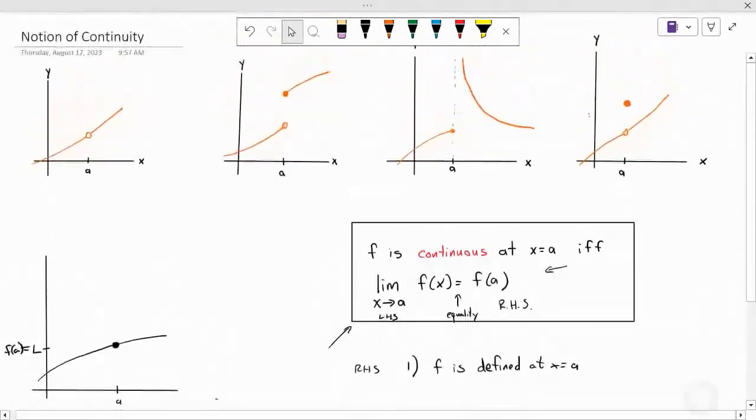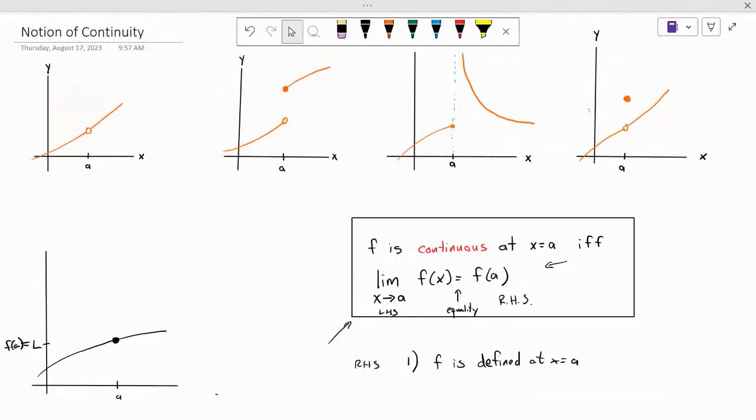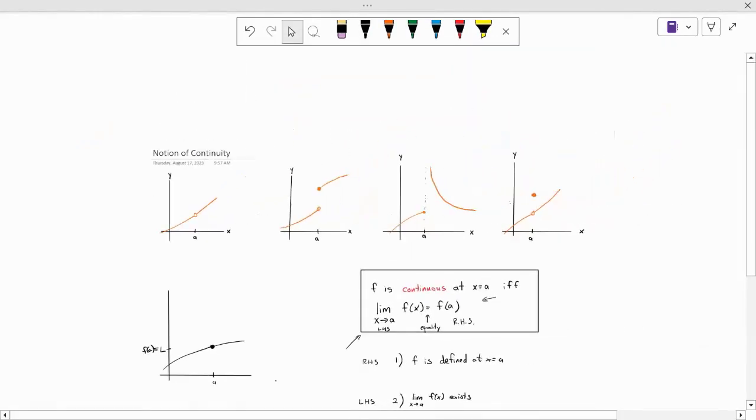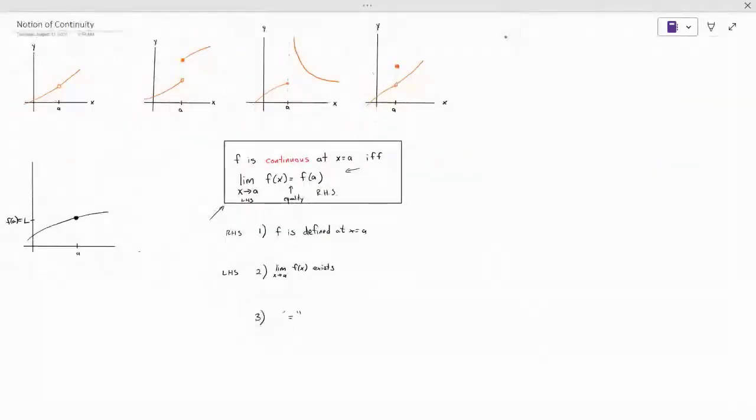So if I scroll up, I actually have 4 graphs, all of which are functions that are discontinuous. They're not continuous at a. And so you'll be asked to specify for which of these 3 reasons we have a discontinuity.